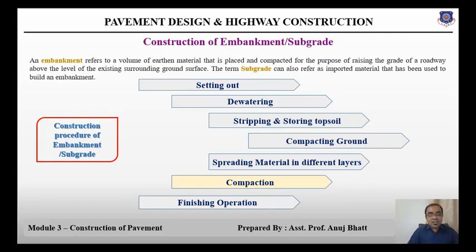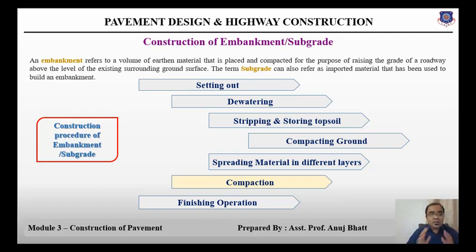Rolling shall be continued till the specified density is achieved. In case the specified compaction is not achieved, the material in the soft area shall be removed and replaced with approved material. The density shall be tested by the sand replacement method or the nuclear density gauge.